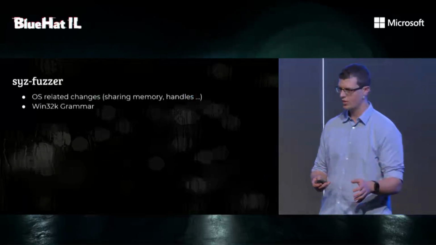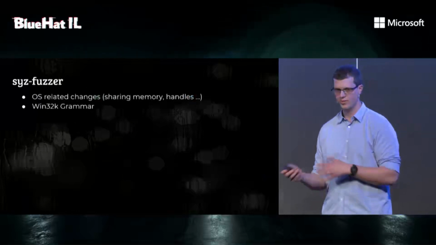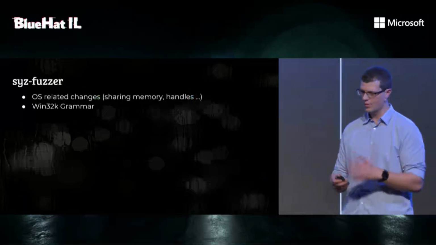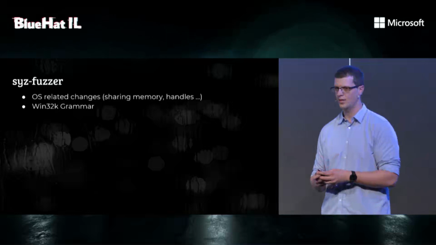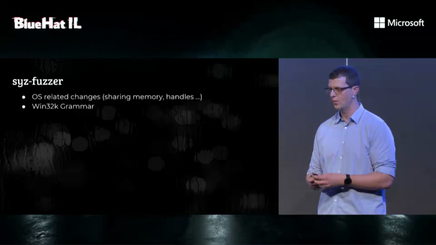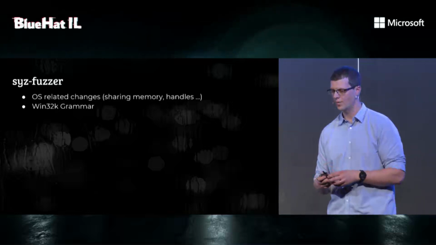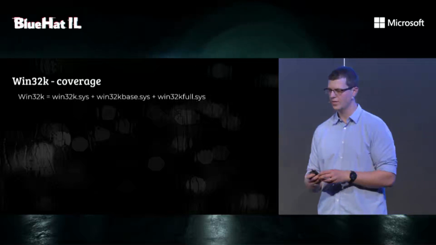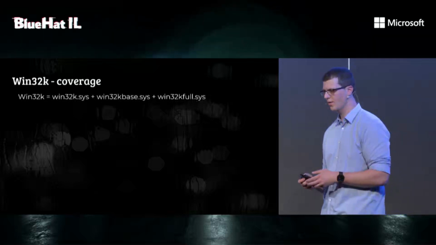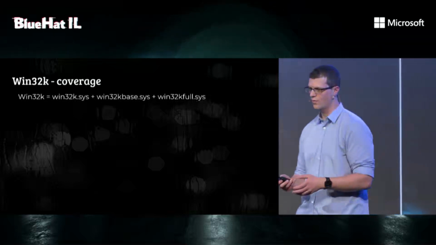The fuzzer also had a few changes around memory management, shared handles, shared memory and pipes, and of course we had to add Win32k grammar. We'll talk about Win32k grammar in a few slides. And for coverage, Win32k is not one thing, but three things. It's Win32k, Win32k base, and Win32k full.